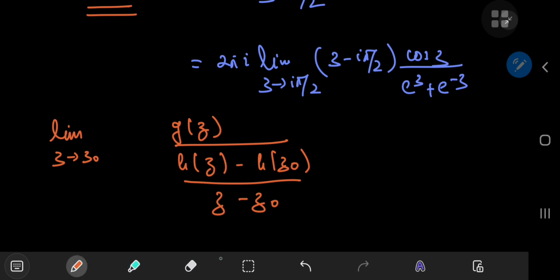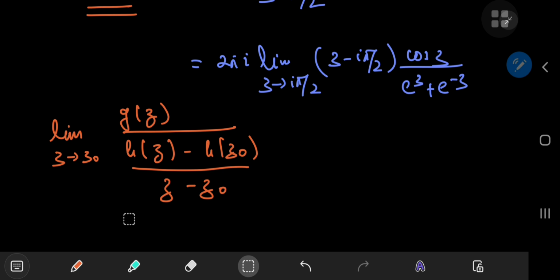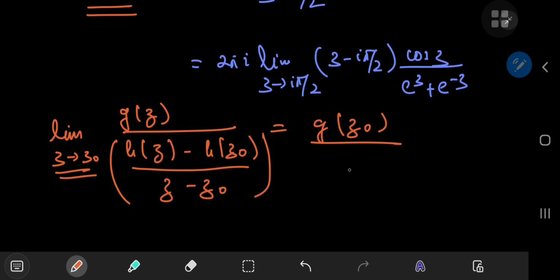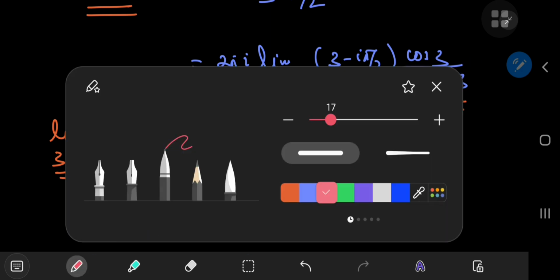Now look at the structure you have constructed. If I just move this closer to that limit operator, then notice that as z approaches z naught, the numerator will approach g of z naught. And down here you have the derivative of h at z naught, which we know exists. So that means to evaluate this limit here, all we have to do is take the derivative of the denominator, which in this case is pretty simple.